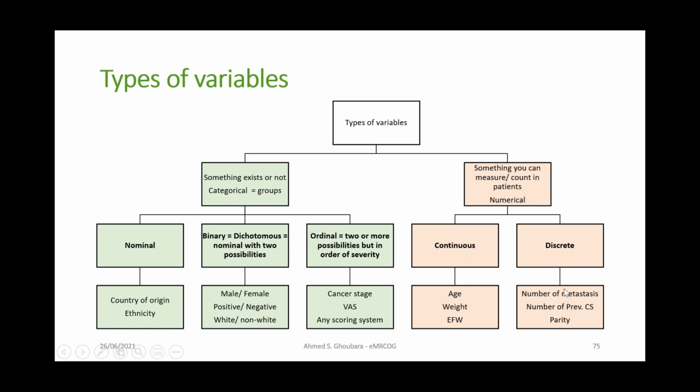So this you can count on the patient. First lady, she got like 2 metastases. Second lady, just 1 metastasis. So it can take just one integer: 1, 2, 3, 4. There's no such thing called 2.5. There is no such thing called 4.6. Like the parity. Lady could be para 1, para 2, para 3, para 4. There's nothing called para 2.5. Is that correct?